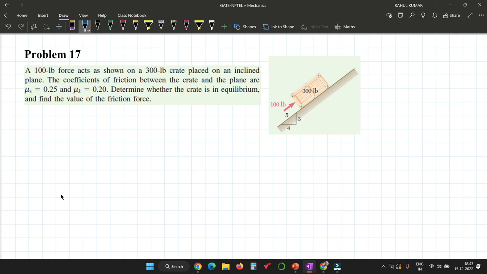Not in equilibrium, it is moving. Yeah, it is moving. What is the value of friction? 16. No. Check it once again. Maybe you are making some mistake.